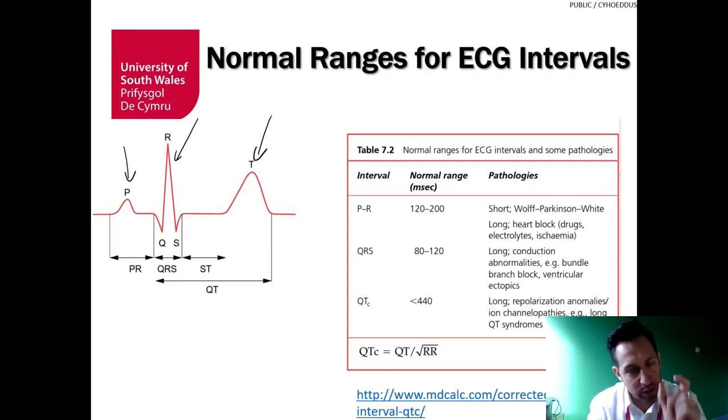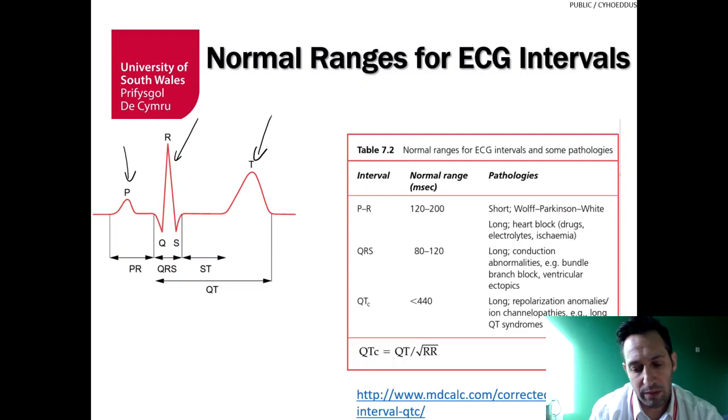So now we're going to break down our cardiac cycle a little bit more, and look at the ECG as a graph, remembering that we've got time on the x-axis. Each little box that you will see on an ECG is 0.04 of a second.